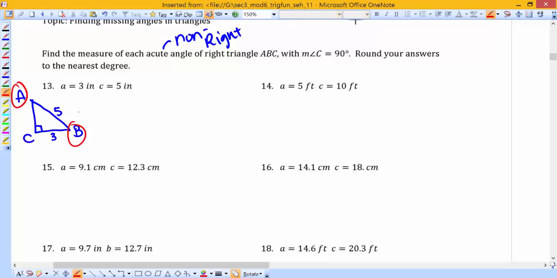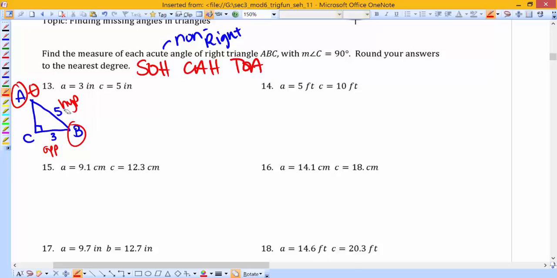You're looking for A and B. So I need to pick one. So if I'm going to say A is my theta, 3 is opposite, 5 is the hypotenuse. Oh, SOHCAHTOA.